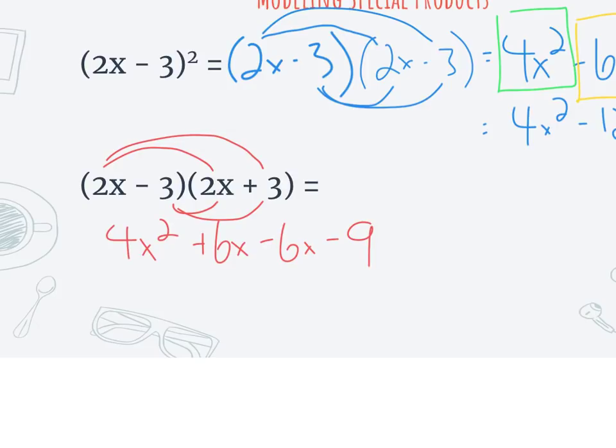Now this time when we combine like terms, what happens that did not happen on the previous two problems? Okay, so we did have a negative 9 on this one, but what else is going to be different about this one compared to the previous two that we did when I combine like terms?